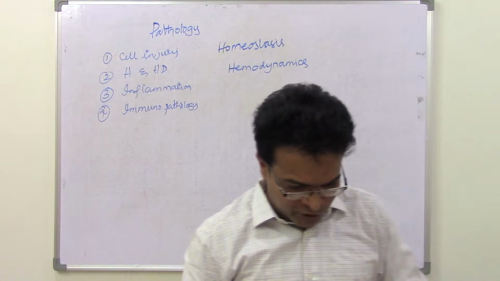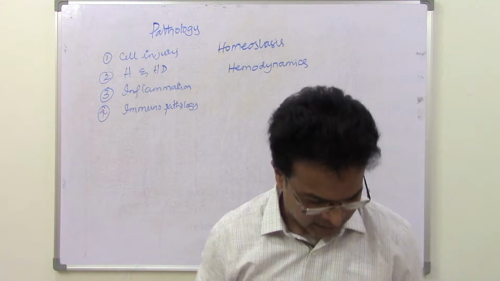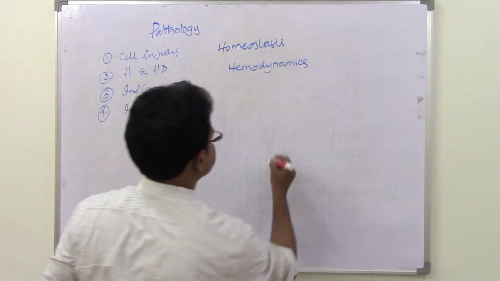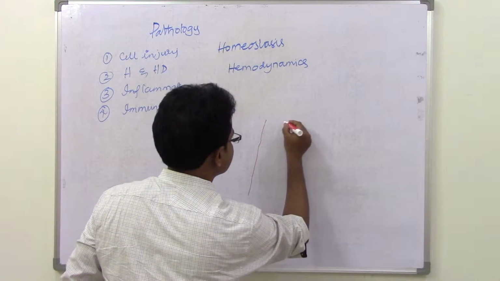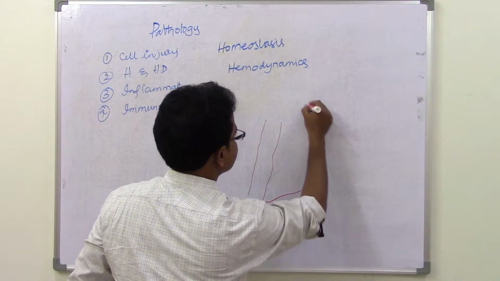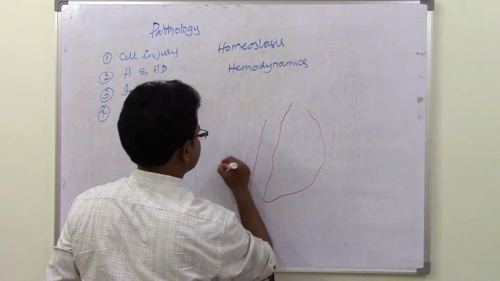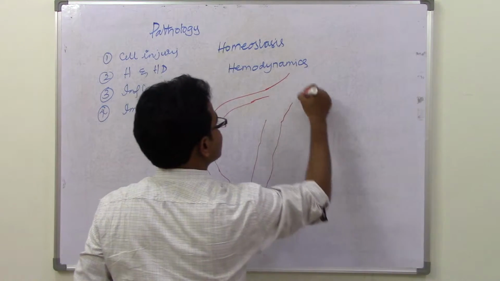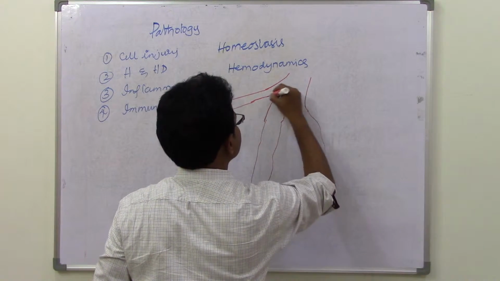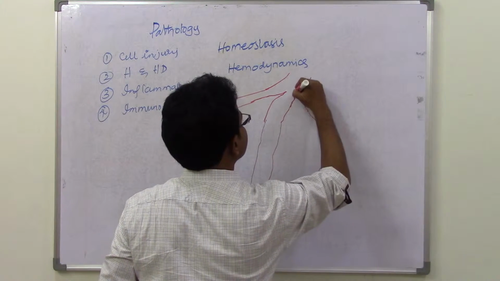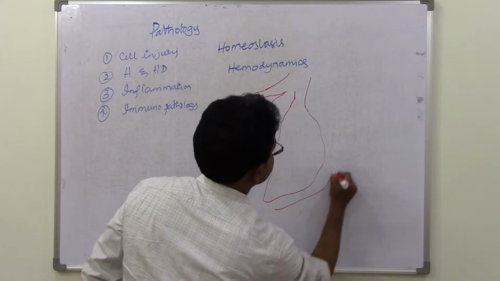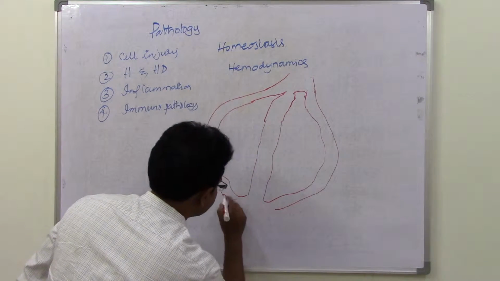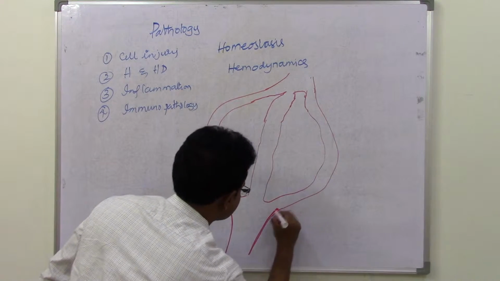So when it comes to homeostasis, what does it mean? Let's take a small tissue. This is our small capillary, and this is the venous end of the capillary, and this is the arterial end of the capillary.